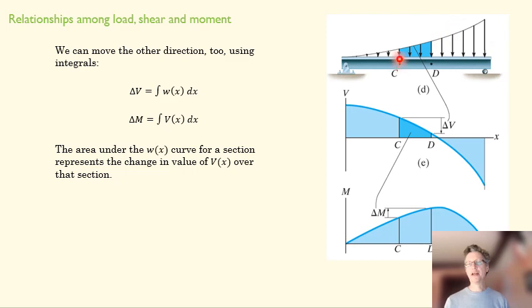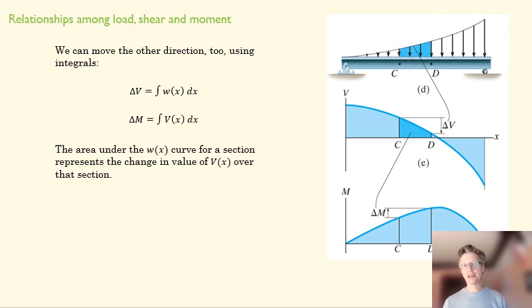So point C, in effect, is holding up a bigger part of this load, and so we would expect that shear to be bigger. So as we take this integral, we're saying, well, how much less load is D holding up than C is? Okay, so we go from C to D. As we do that, our shear is going to go down, and it's going to go down by the amount of the load within that section.